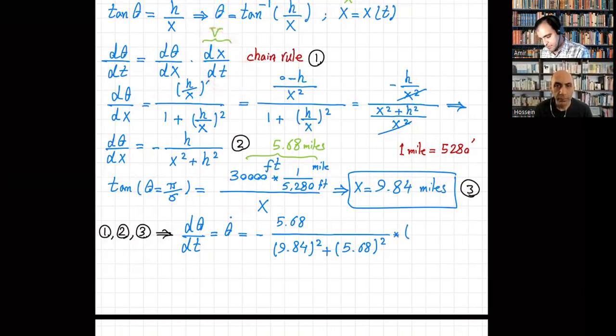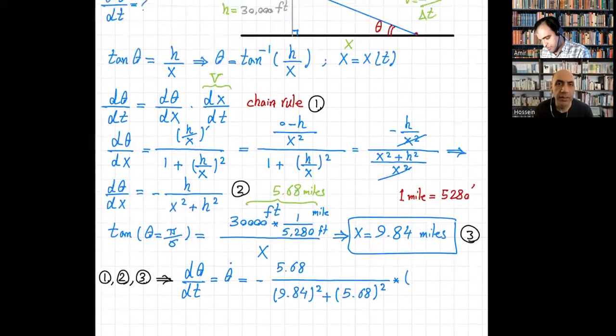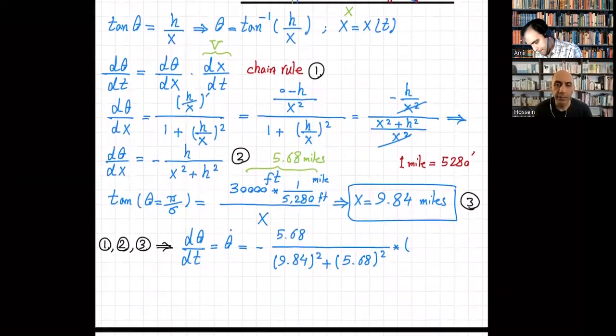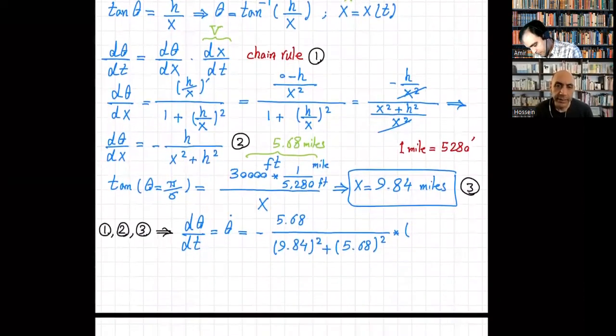Velocity was negative 800, and all the units are miles or miles per hour, so everything is consistent. I can give you the final result, which is negative 35.2.